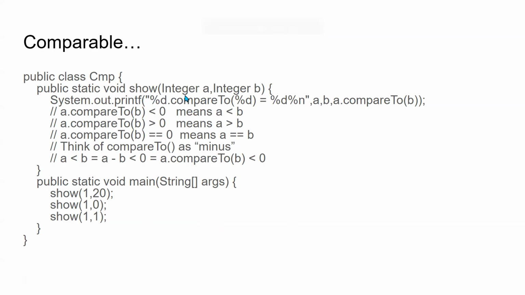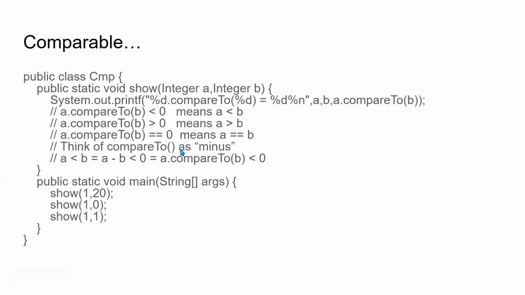In the show method, which gets two integers, it's going to print out the two integers and the result, so a, b, and a dot compare to b. A dot compare to b less than 0 means a less than b. And a dot compare to b greater than 0 means a greater than b. And if they're equal, they're equal.